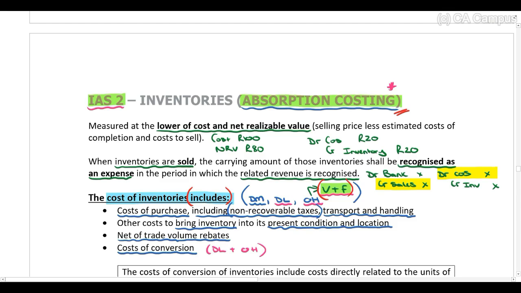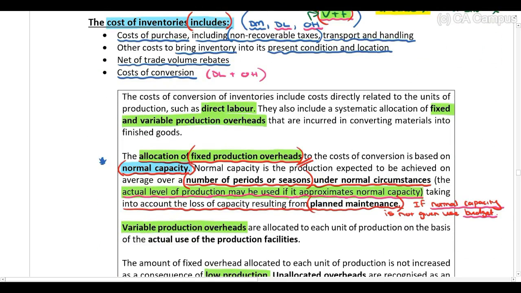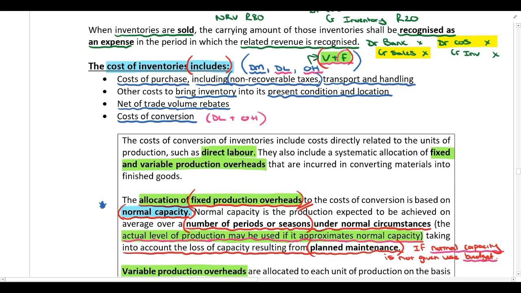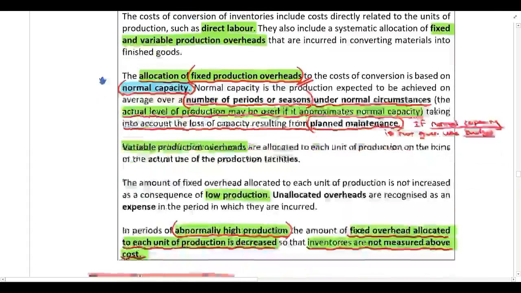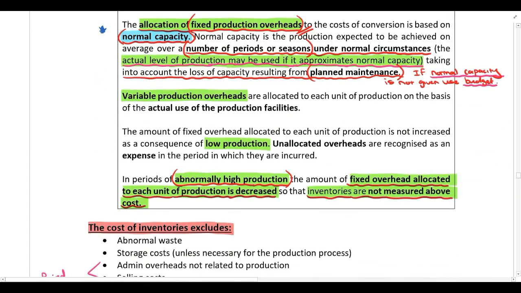So this won't have any impact on your variable costing statement, because we are allocating fixed costs to inventory when we are using absorption costing. If our production is considered to be abnormally high, the amount of our fixed cost that we allocate needs to be reduced so that inventory is not measured above cost. So this will only affect our absorption costing statement and not our variable costing statement.